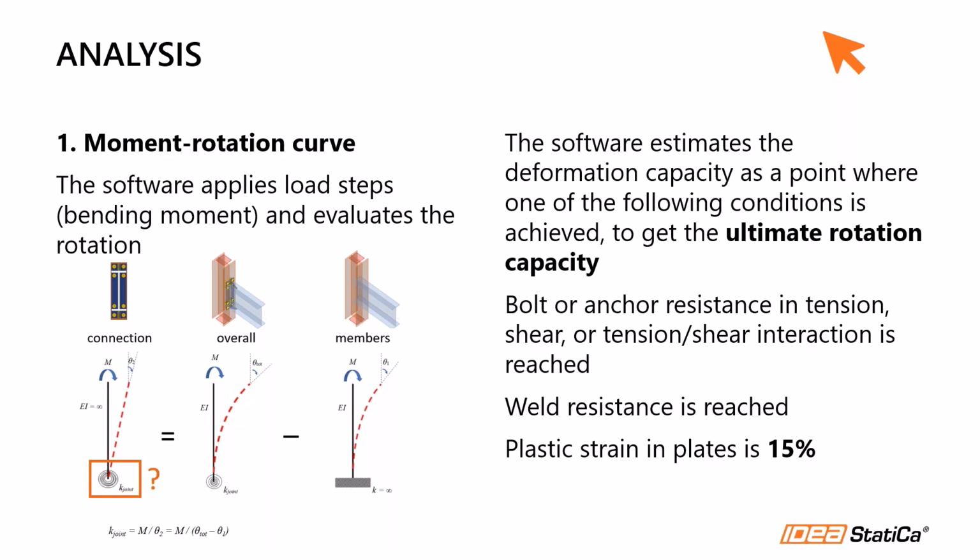So to get this rotation generated only by the connection elements, two analyses are done. You can see the overall and the members. One analysis is done considering the overall model, including members and connection. And the second analysis is considering only wireframe elements, and they are connected rigidly, with a rigid link.